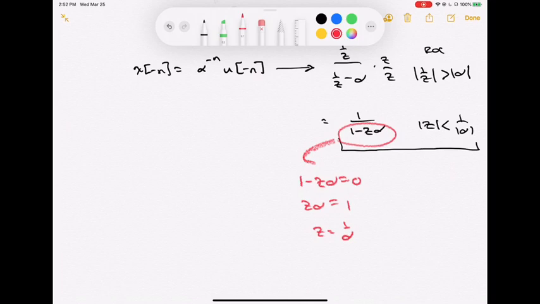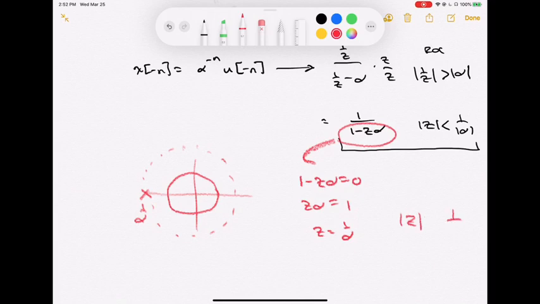And what do we know? We know that wherever 1 by alpha is, let's let it be over there, a region of convergence can't include it, right? So we are going to have norm z, and it's going to have to be something that does not include that 1 by norm alpha. Now, because the signal is left-sided, we know that the region of convergence is going to point on the inside.